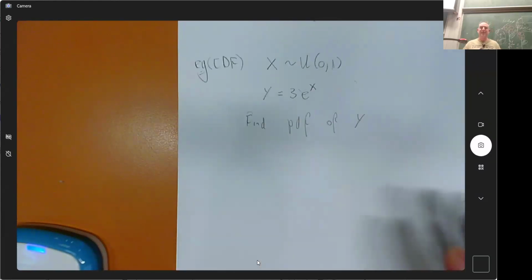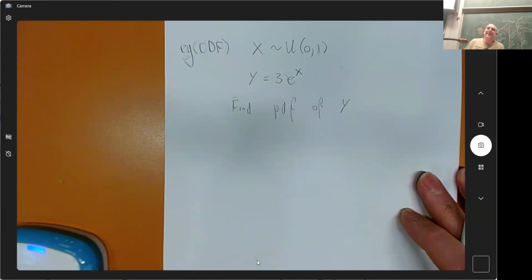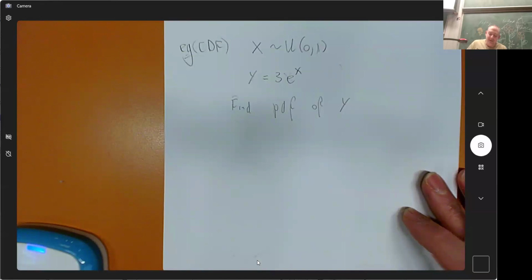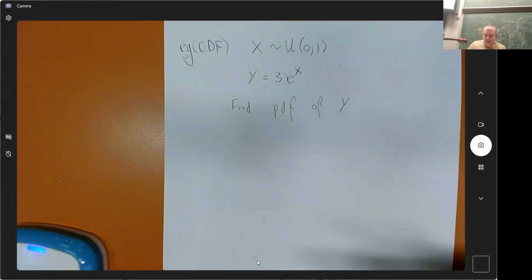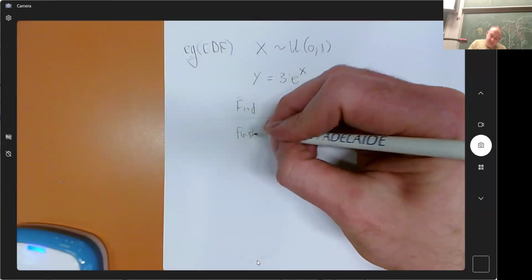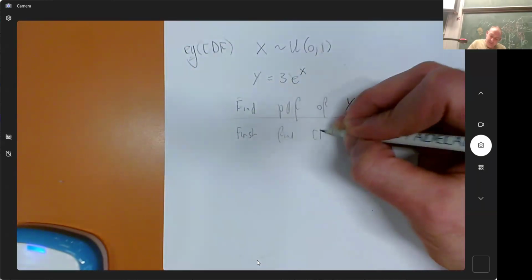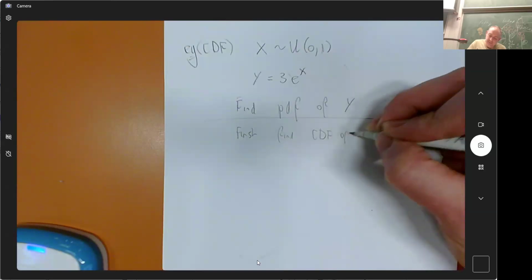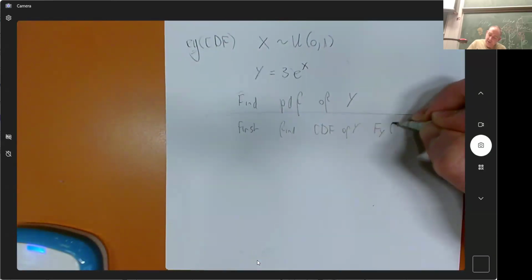Okay, we'll find the PDF of Y. The CDF method is to first find the CDF of Y. So that's the question, and that will be F capital Y of little y.